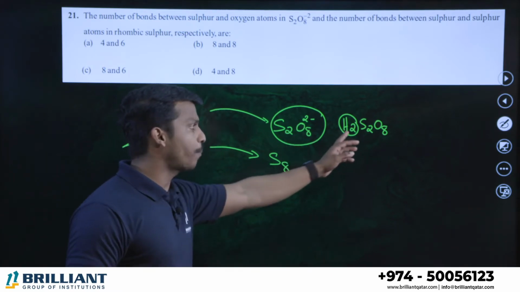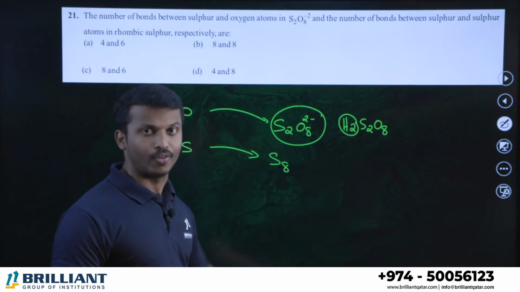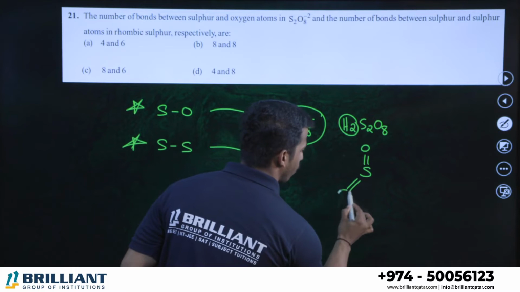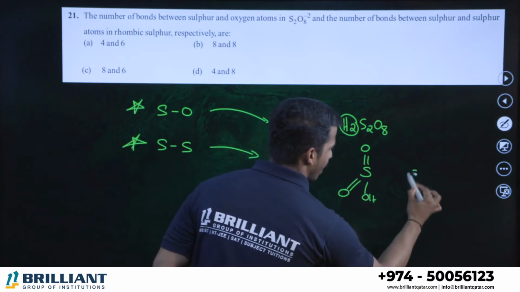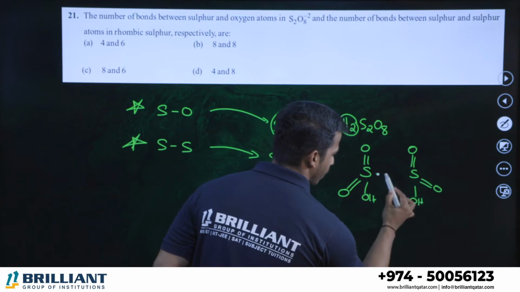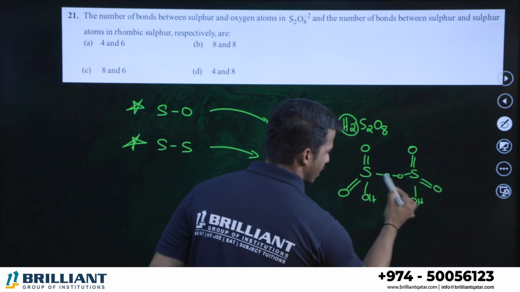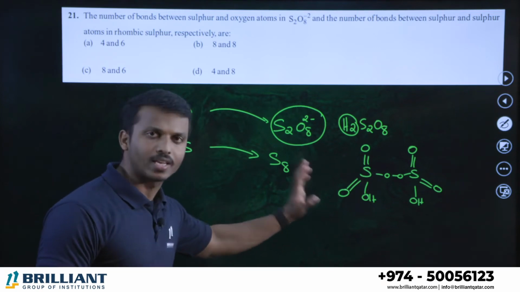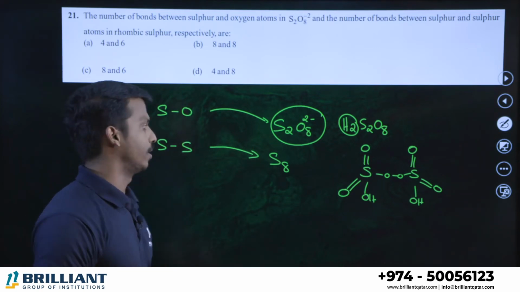You know what the shape of peroxo disulfuric acid is? Let me draw. S double bond O, OH. S double bond O, OH. In between there is a peroxide linkage, OO linkage. This is the structure of peroxo disulfuric acid, H2S2O8.